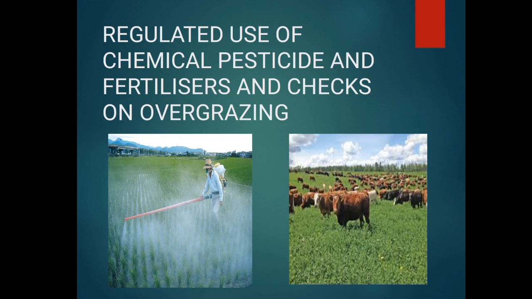Next, the second picture shows checks on overgrazing. That means cattle and cows are not allowed to overgraze in the same place. We should have a check on that. So these are the main methods by which we can conserve land resources.